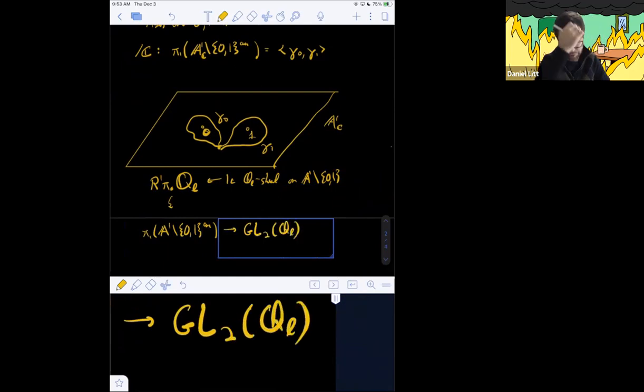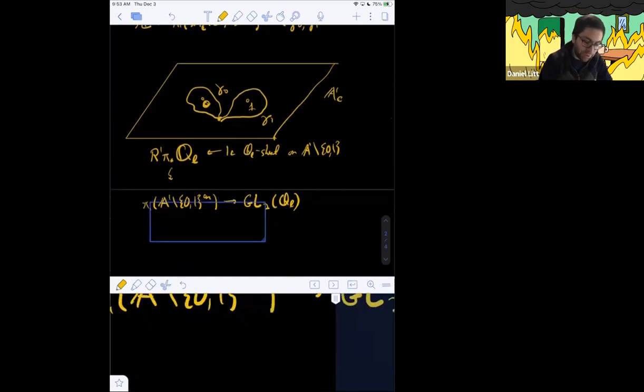So these are elliptic curves, so their middle cohomology is two-dimensional. Does anyone, off the top of your head, know what representation this is? It's okay if not, I was just curious. So here's what the representation is.